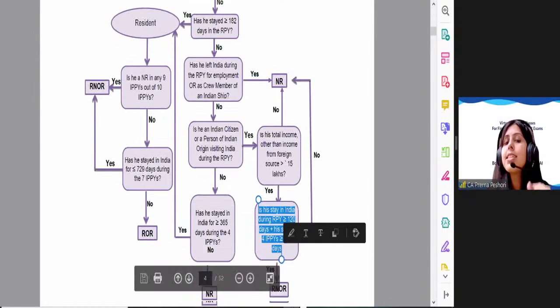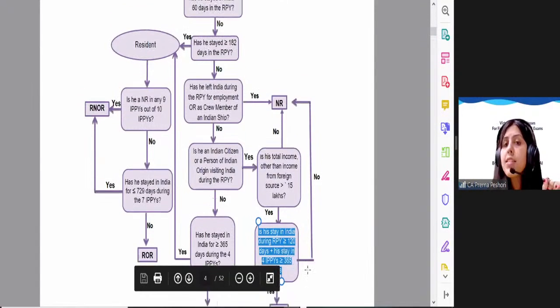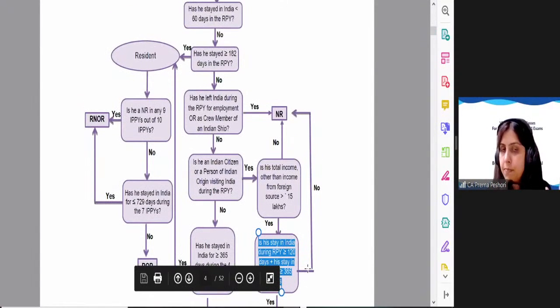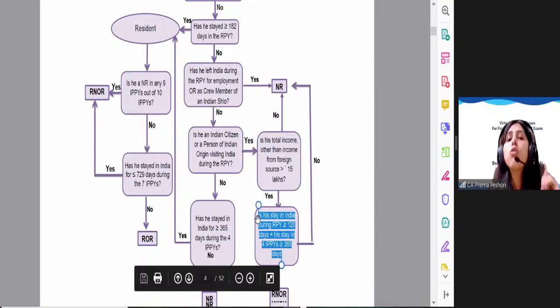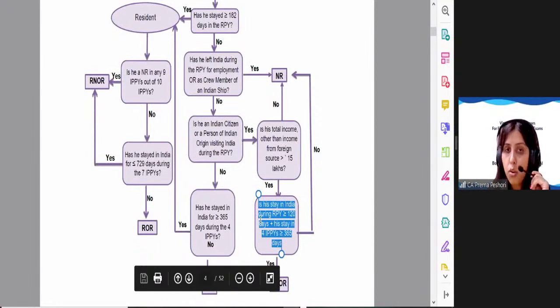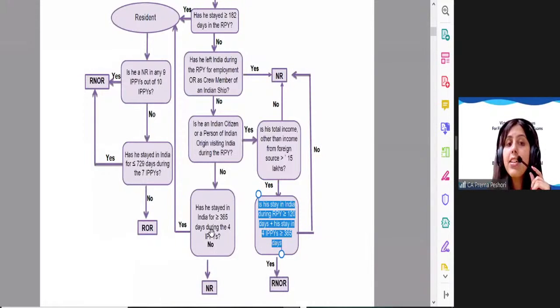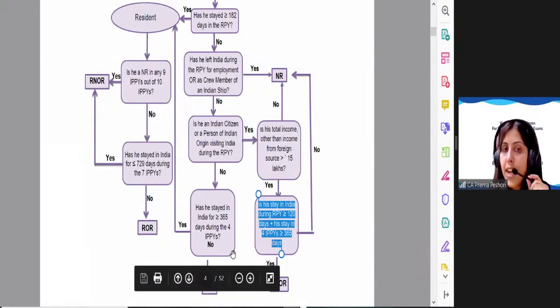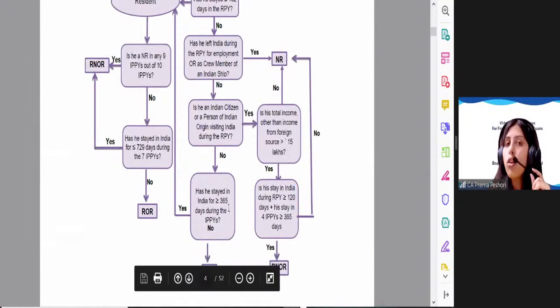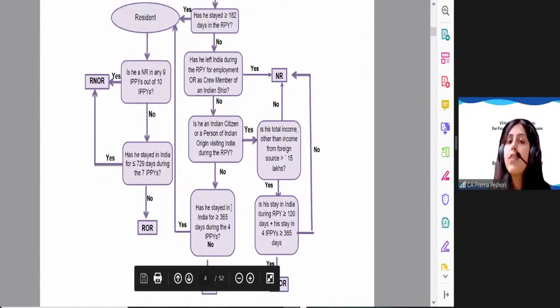If the answer is yes, he will be RNOR. If the answer is no, he will be NR. Clear? And if he is not a person of Indian origin, then you need to check the second condition. Has he stayed in India for greater than equal to 365 days? If the answer is no, then it will be non-resident. If the answer is yes, he will become resident.